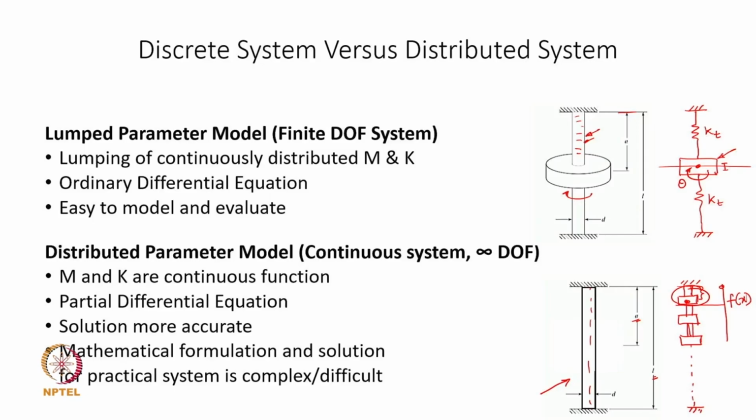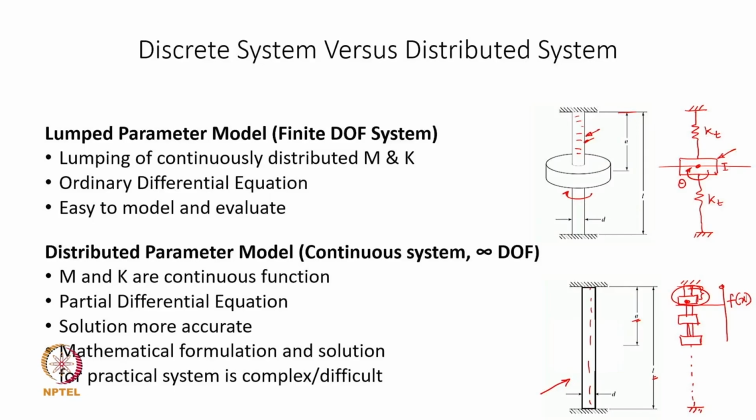There are of course various ways and methods people have used for obtaining appropriate solutions from the formulation, but the bottom line here is, if you want a quick, less accurate but approximate and workable solution, it is the lumped parameter model which gives you a quicker solution.